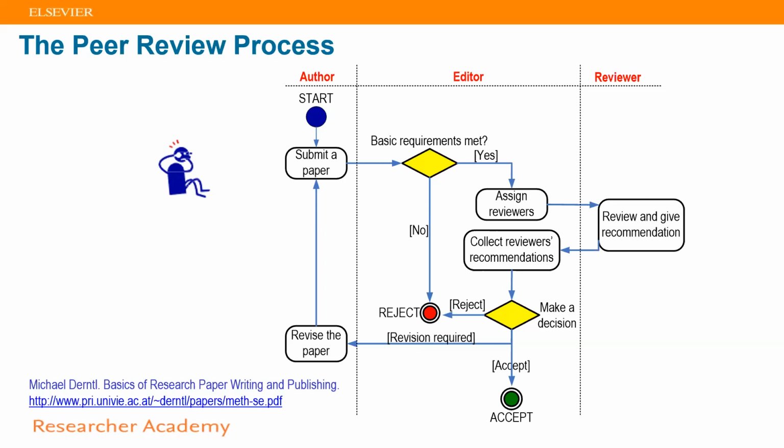After addressing the recommendations of the reviewer, and you will have time to do that, the paper with the amendments and with the corrections will go back again to the editor. The editor will have a look at the recommendations of the reviewers and how you addressed them.